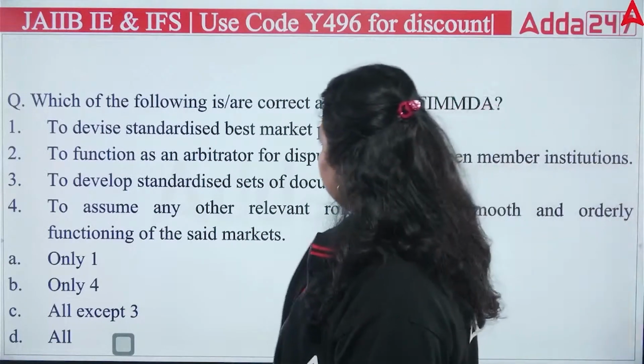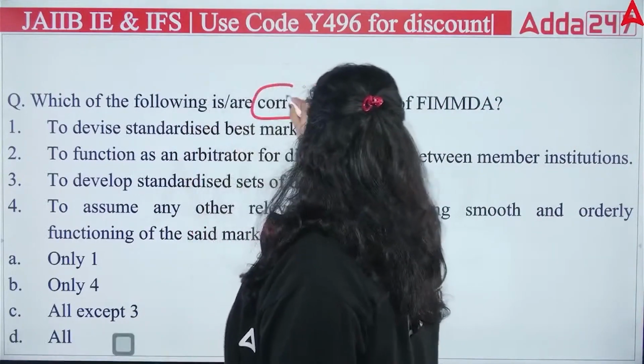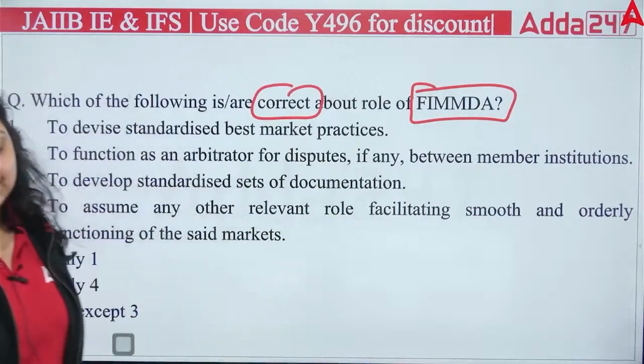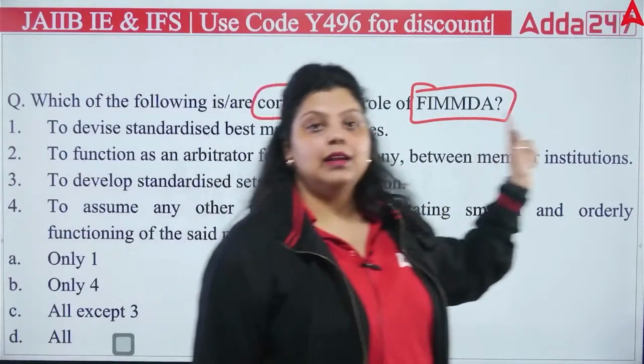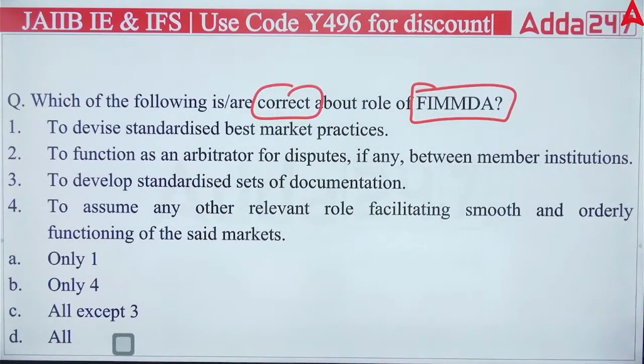Now next we have which of the following is/are correct about FIMMDA. Now what does FIMMDA stand for? It is Fixed Income Money Market and Derivative Association of India. Again remember, all the abbreviations are very important for us.